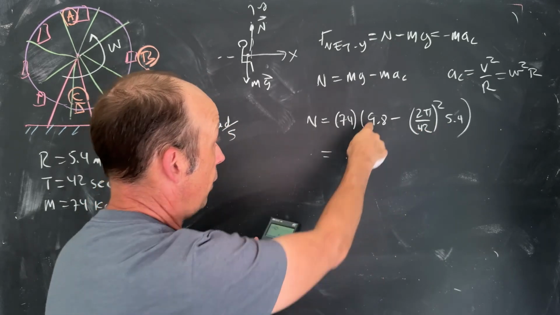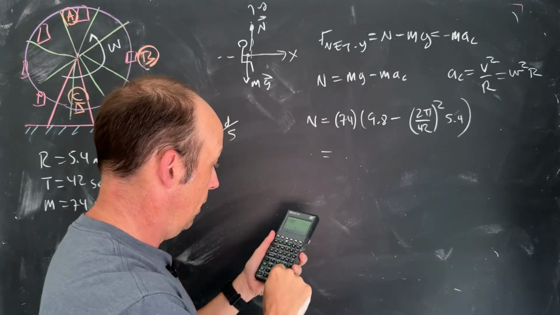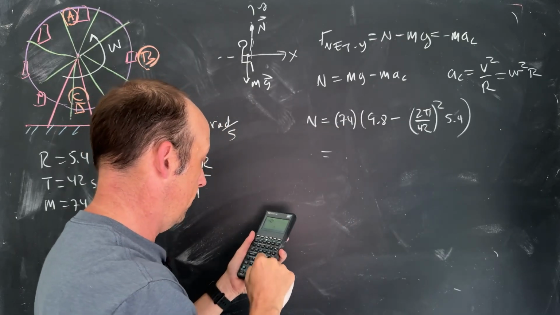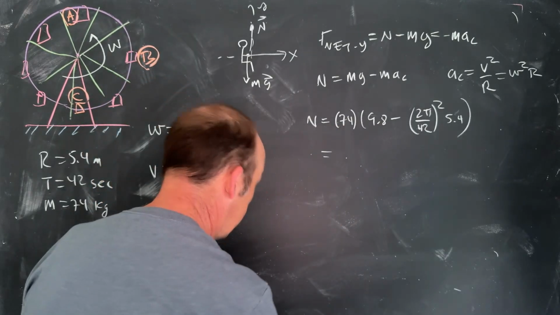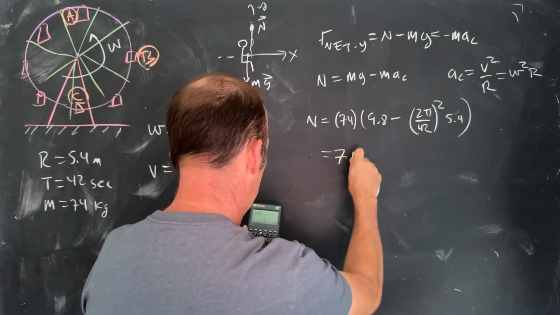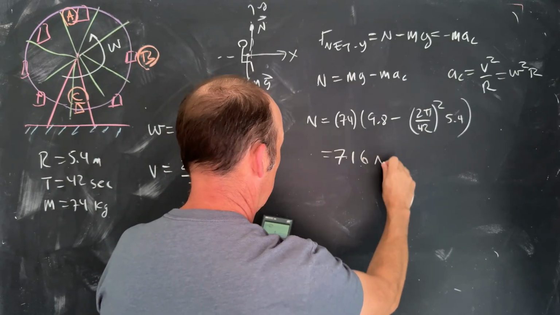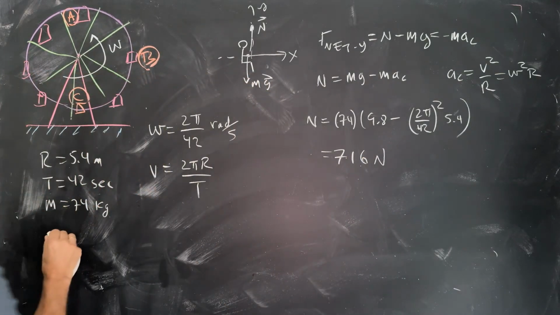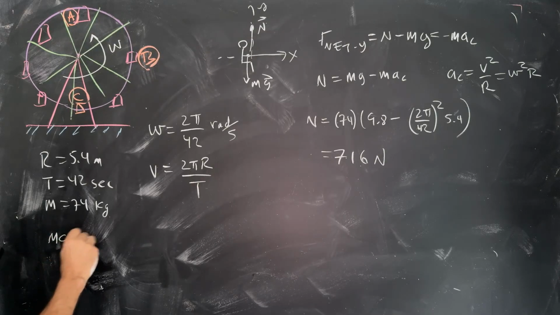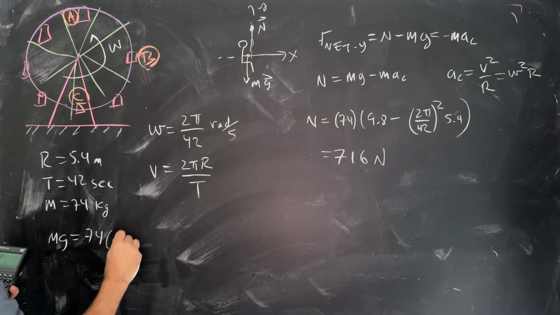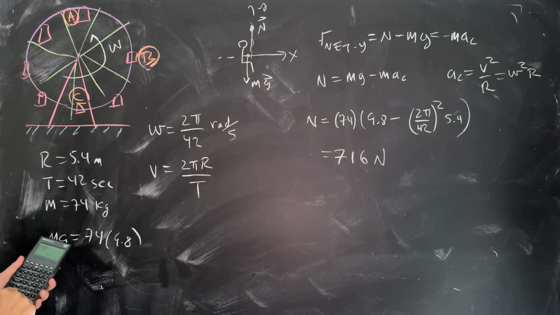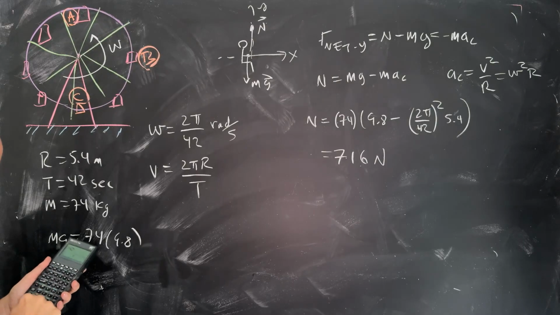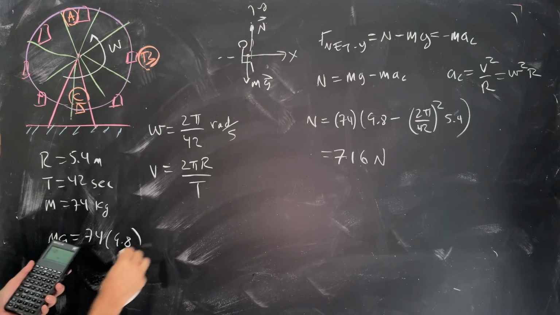And then I'm going to subtract from this. And then I'm going to multiply by that. And I get 716. Just as a check, mg is 74 times 9.8, which is 725.